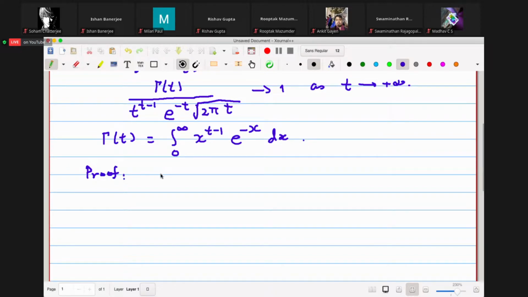It will use this Fourier inversion formula.